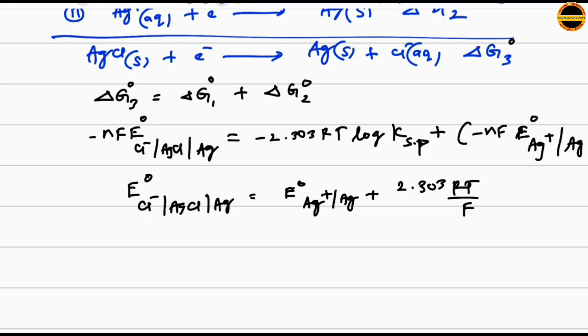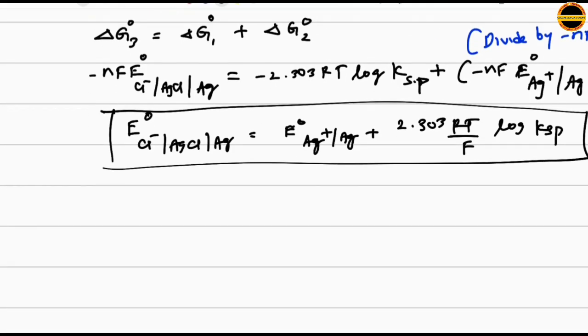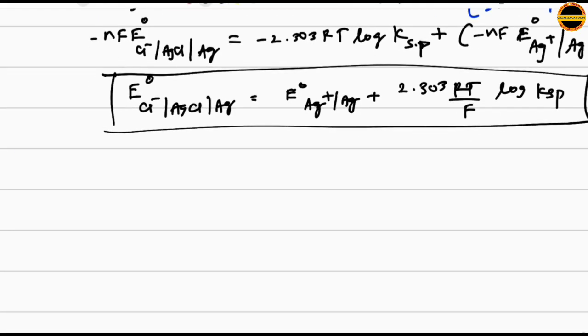How are we getting this? We divide the equation by minus NF. If we divide by minus NF, overall we get log Ksp. This particular equation we get after dividing the equation by minus NF. Here there is one important fact. This you have to remember.